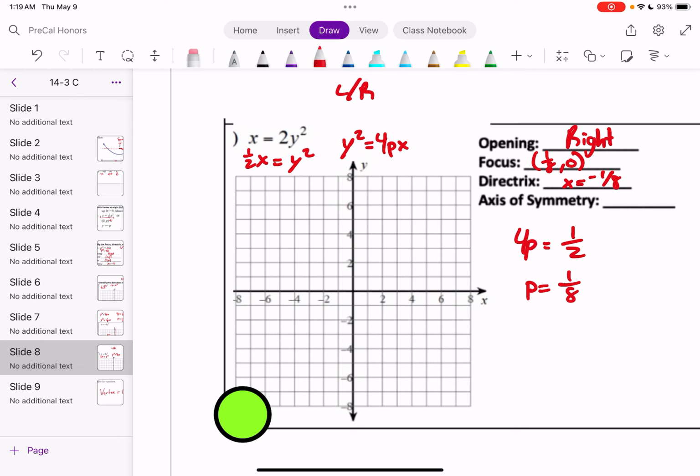Our axis of symmetry here would be on the x-axis. We go ahead and start graphing. So we have 1/8, which would be right there. Our directrix is x is equal to negative 1/8.